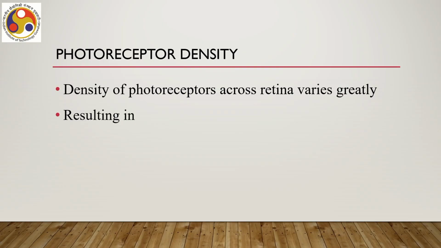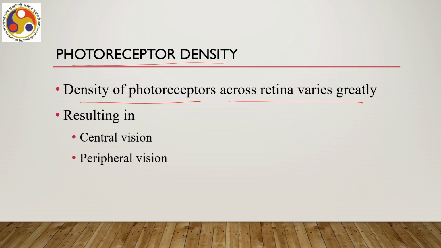Then let us try to understand the types of vision that our eyes support. The type of vision depends on the density of photoreceptors. The density of photoreceptors across the retina varies greatly, which results in two types of vision: central vision and peripheral vision.